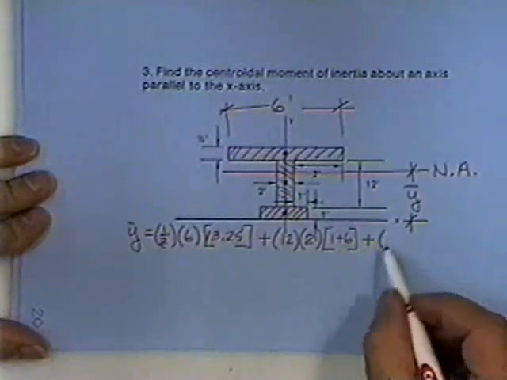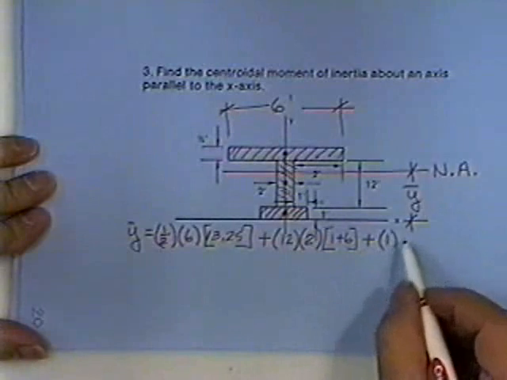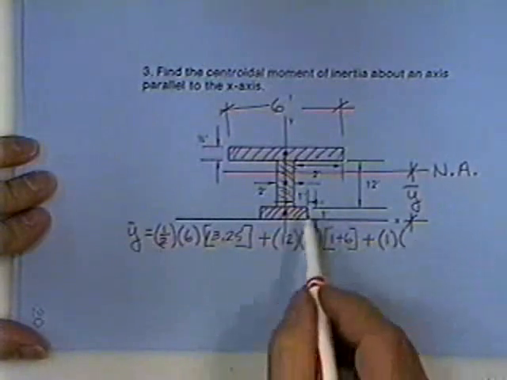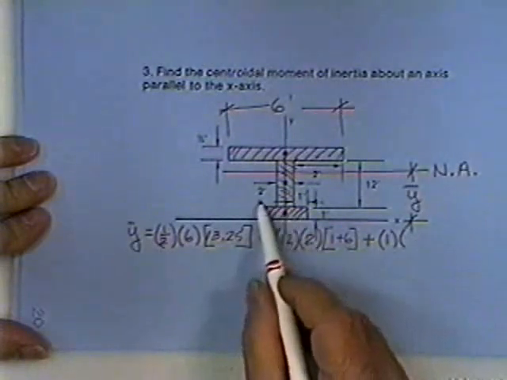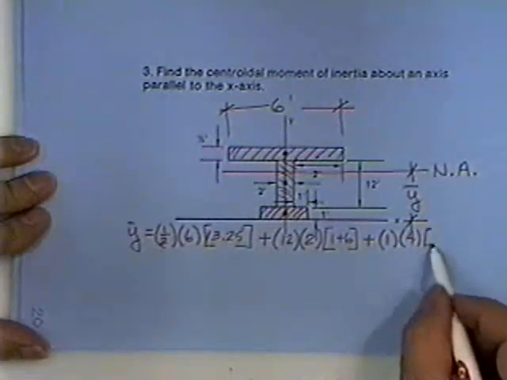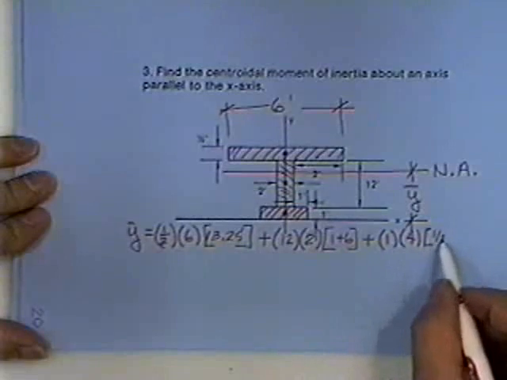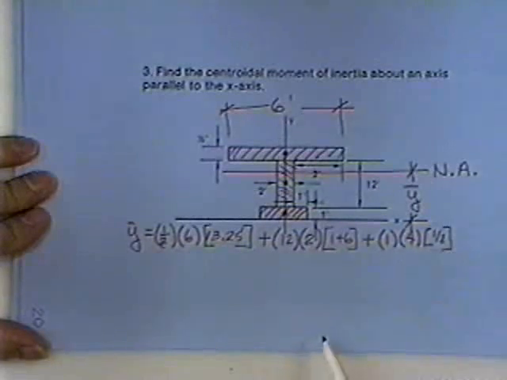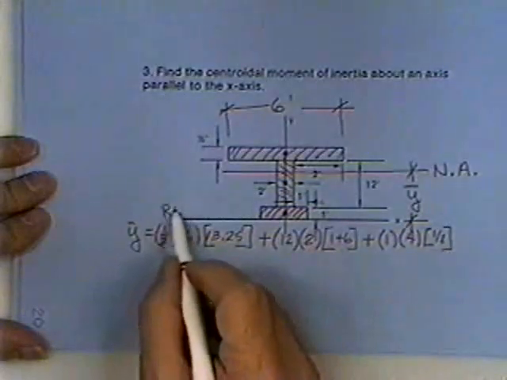Plus, the bottom area is 1 foot thick. It looks like it's 1, 2, 3, 4 feet wide. And it is 1/2 of a foot from my reference axis.